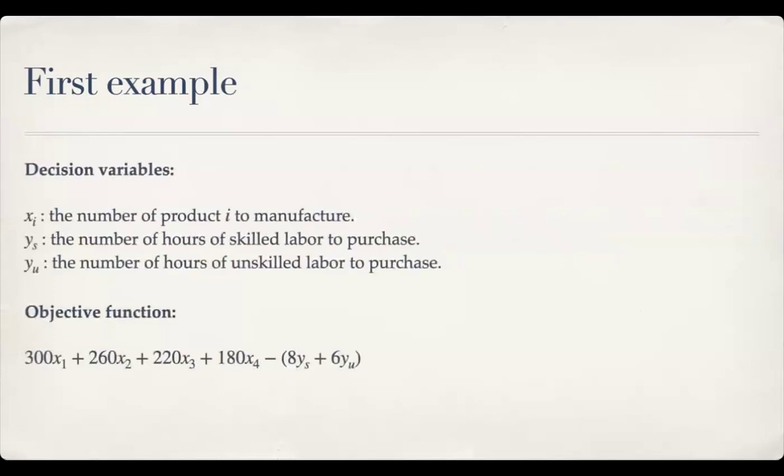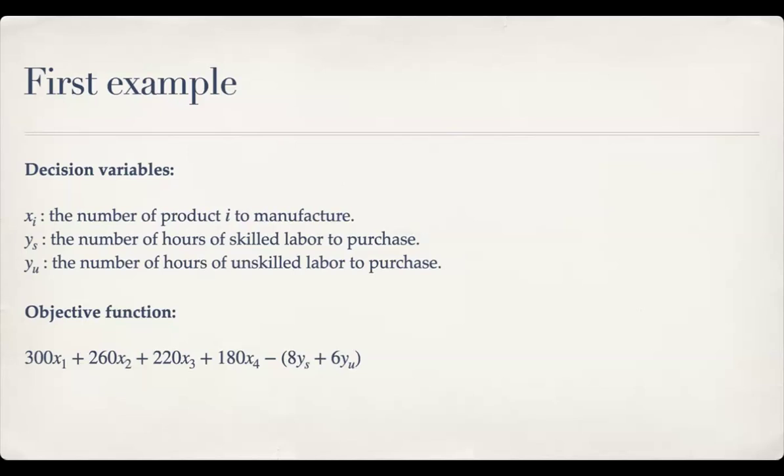We can write the decision variables as xi, where i is the type of product. So we have xi, which includes x1 to x4, and it represents the number of product i.